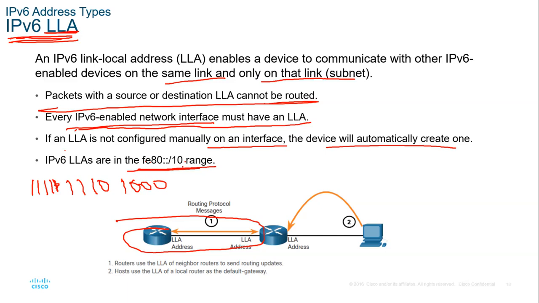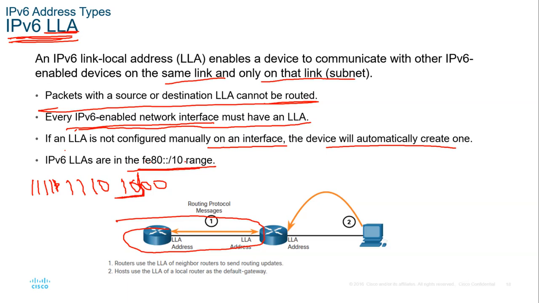The constant bits are supposed to be 10. So all these other ones can change, but the first part will always remain the same.